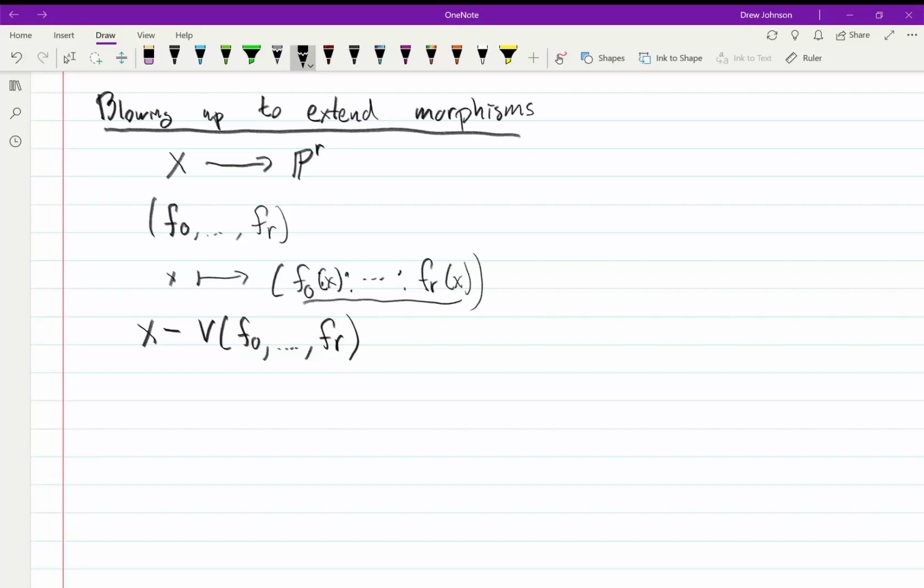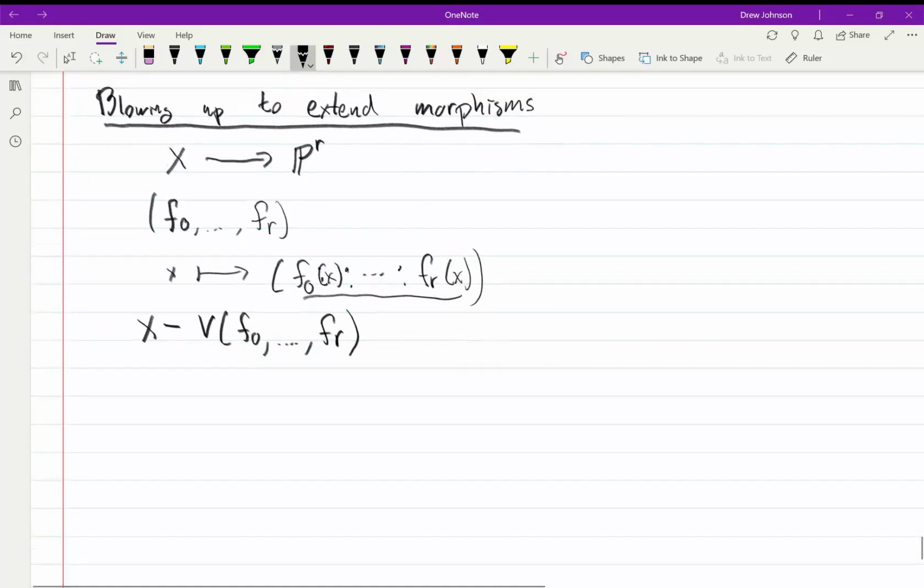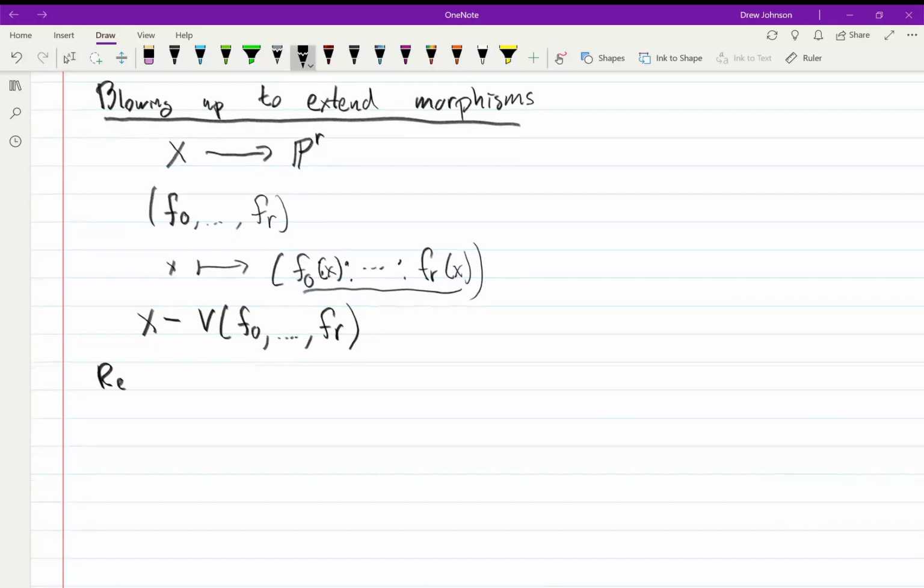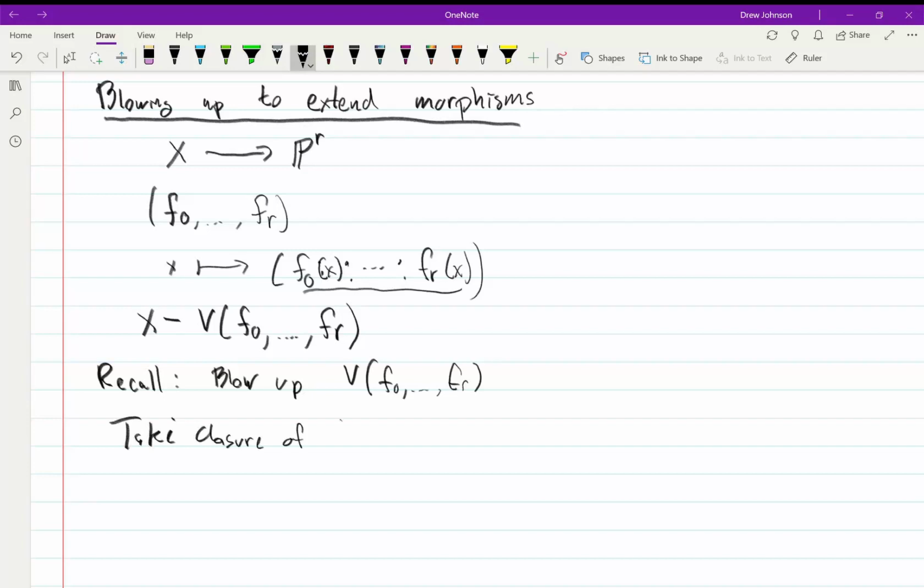Okay, now this looks kind of similar to what we did when we were blowing up, and in fact, blowing up will give us an automatic way to extend this map to a different space, to the blow-up. So let's recall how the blow-up works. To blow up this locus, the vanishing locus of f0 through fr, we just take the closure of the graph.